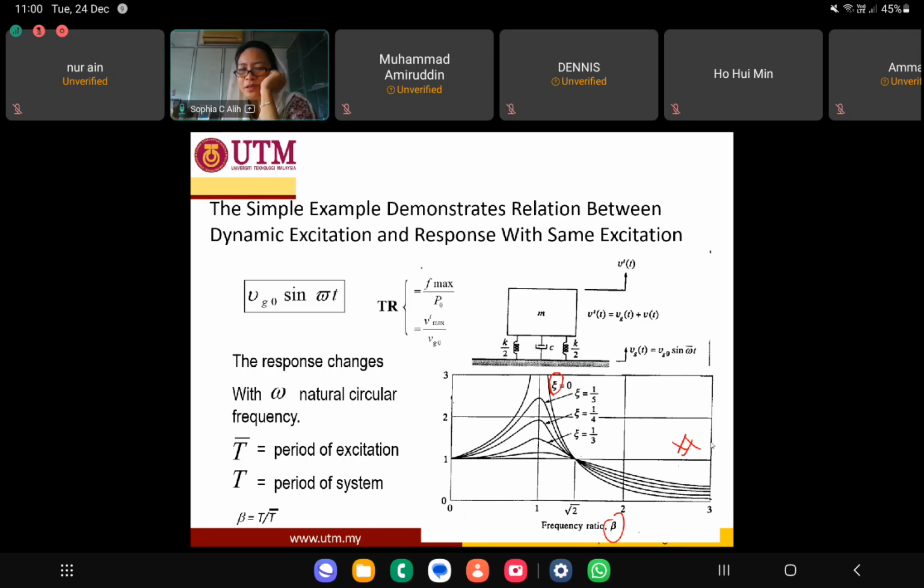Ho Hui Min, can we hear from Ho Hui Min? My question is that here you have this graph that I showed to you, plotted for different damping ratios. You have damping ratio 0, 1/5, 1/4, and 1/3. So in which part of your dynamic calculation do you have this damping?